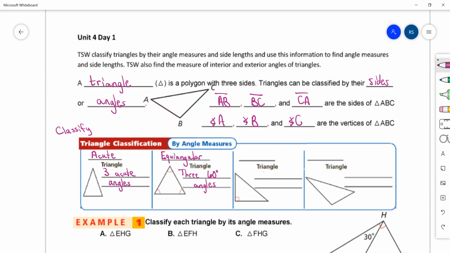Now, since these are all 60 degrees, what kind of angle is a 60-degree angle? They're acute angles. So that means this is also an acute triangle. It's just a special type of acute triangle.